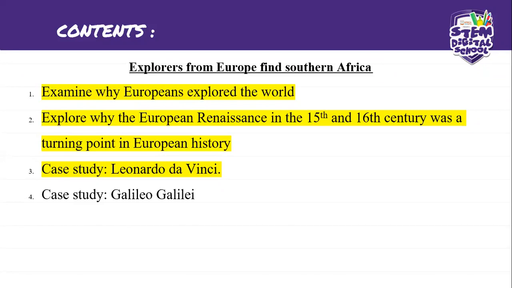And then we learned about the case study of who? Leonardo da Vinci. We learned a lot from this man. Do you remember? We learned that he was an artist and a multi-skilled inventor of the Renaissance. He contributed a lot to the Renaissance period.